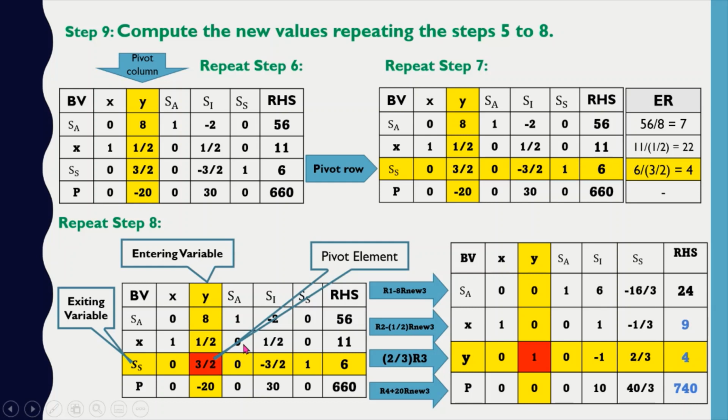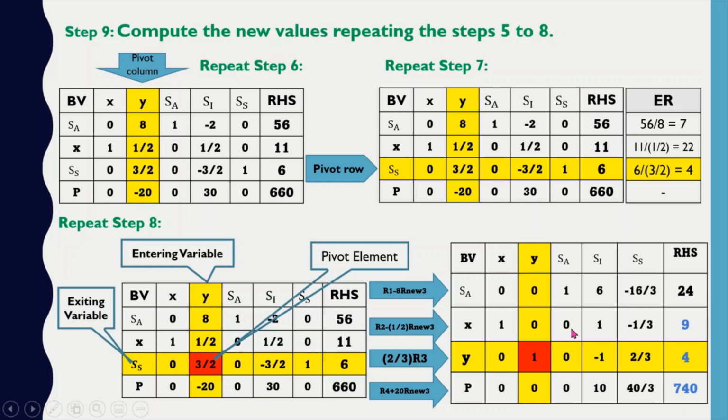Next, we have the value which is equal to 0 here in new row 2. Our new R value for the SA column is also 0, so our column assembly is also equal to 0.